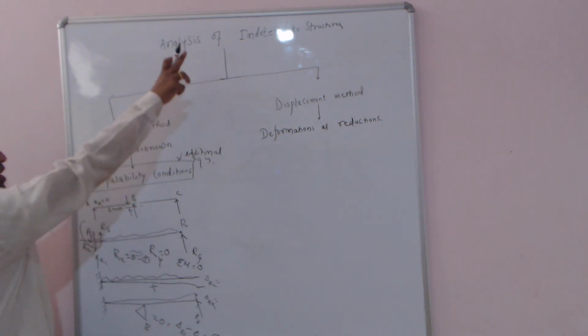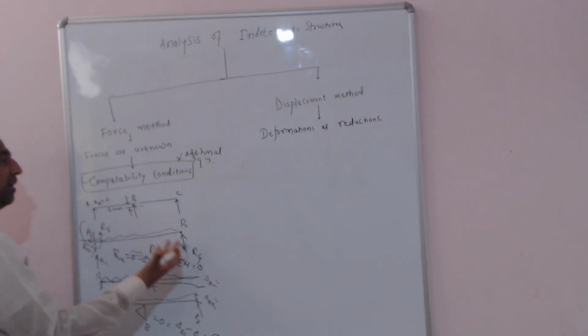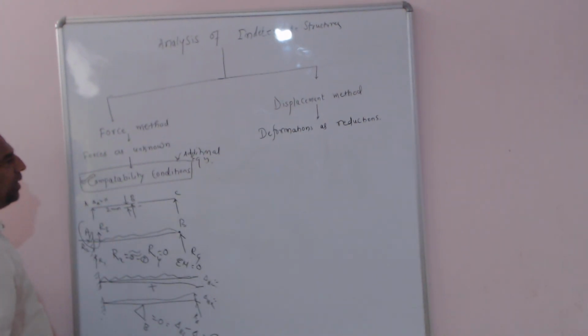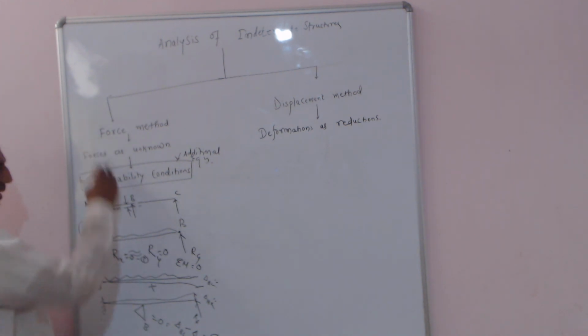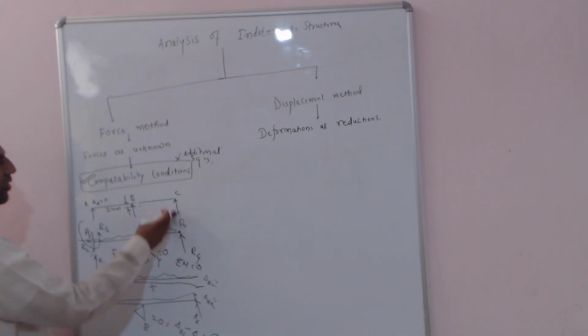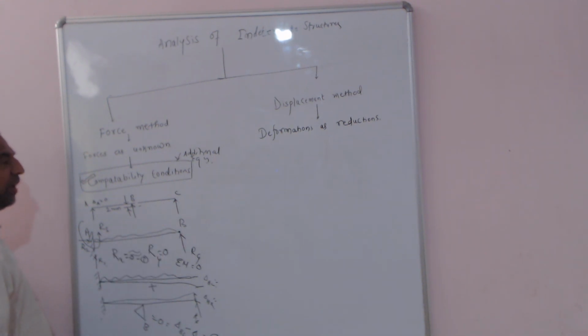Hence this indeterminate structure now became a determinate structure with the help of the compatibility conditions. Hence, this is the force method. Here we are taking the forces as the unknowns.